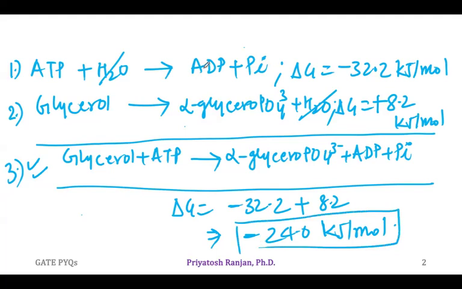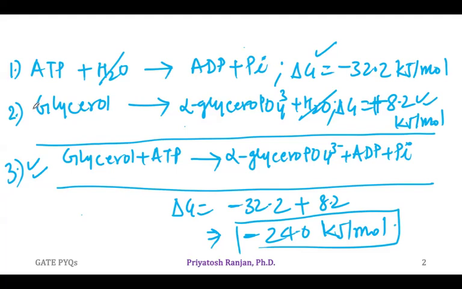Also have a look here. For the first reaction, the value of delta G is negative, which suggests that the reaction is spontaneous and it can easily move in the forward direction. However, for the second reaction, when I have reversed it, the delta G value is positive. It seems it is non-spontaneous. However, this reaction is happening. Why?